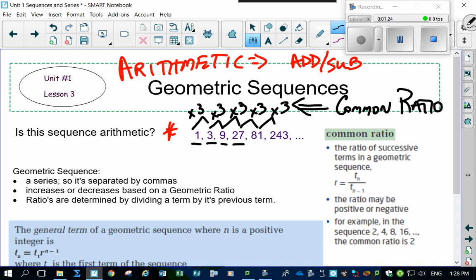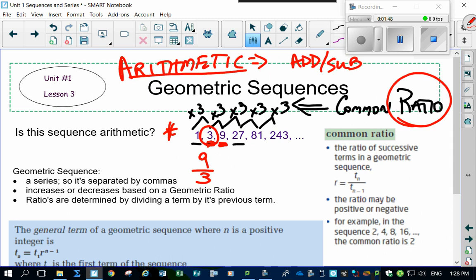And what do I mean by that? Do you remember when we were talking about arithmetic, we would take the term and subtract the term before it. So we'd go 9 minus 3, it'd be 6, and that would be our common difference. But in this case, being that this is a ratio now, we take this term here, number 9, and divide by the number before it.